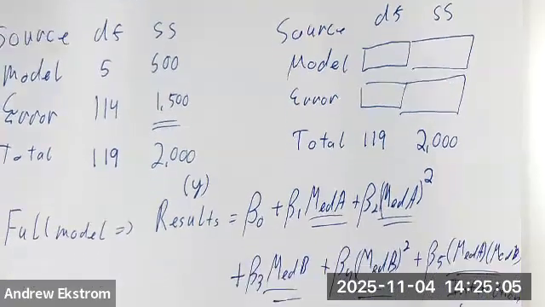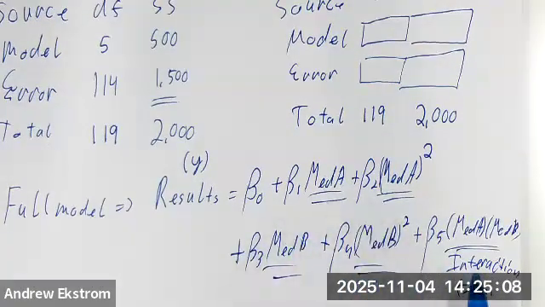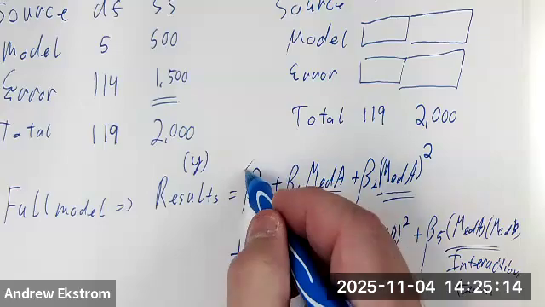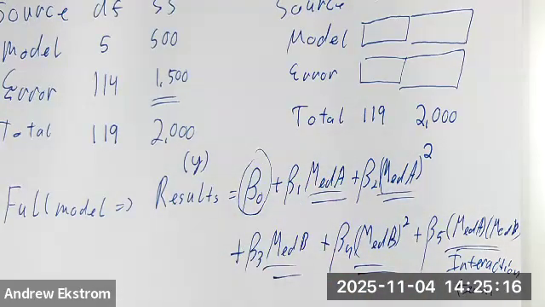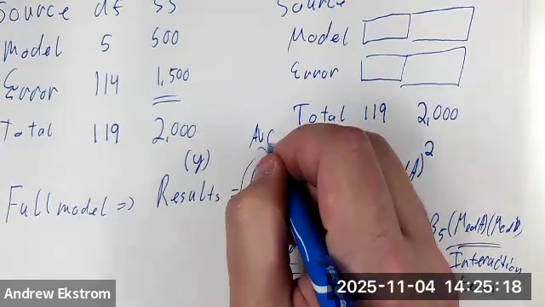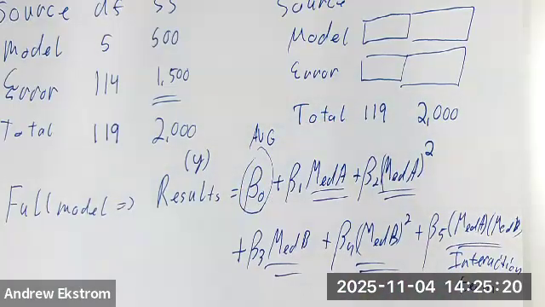If none of these beta values are statistically significant, then the result is just basically whatever this is, and that's essentially the average.